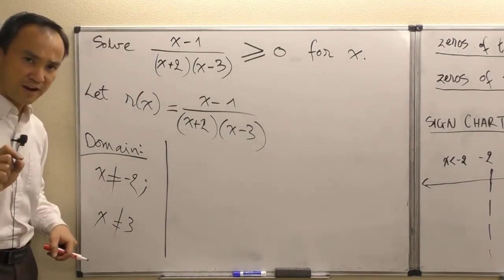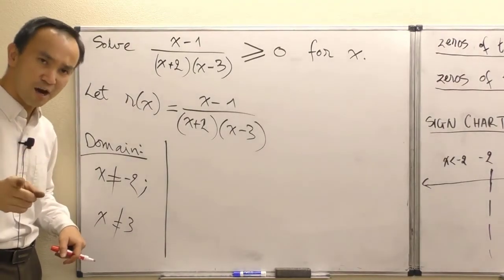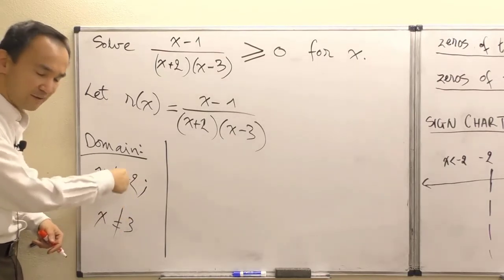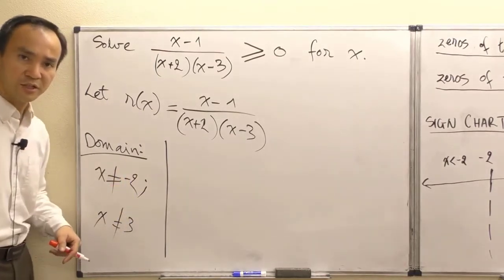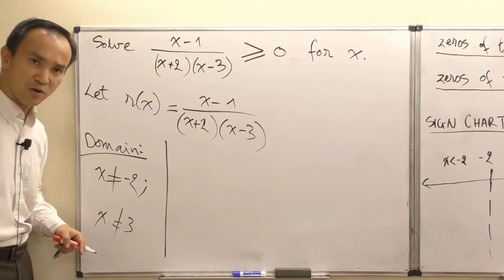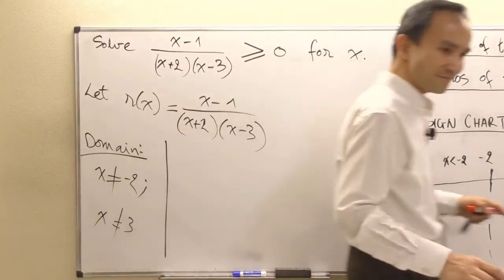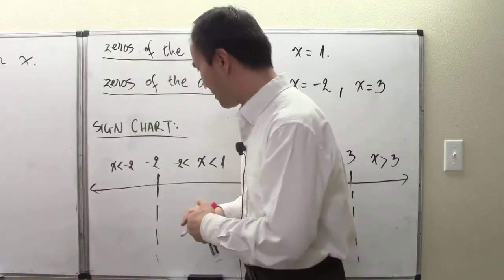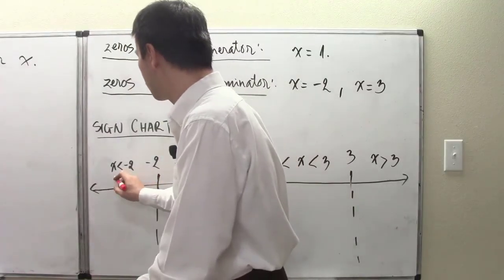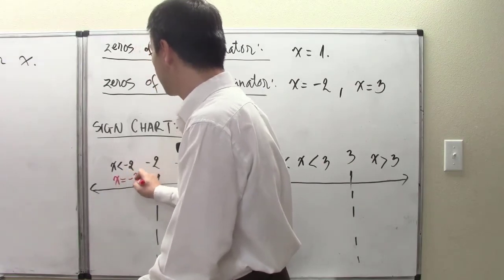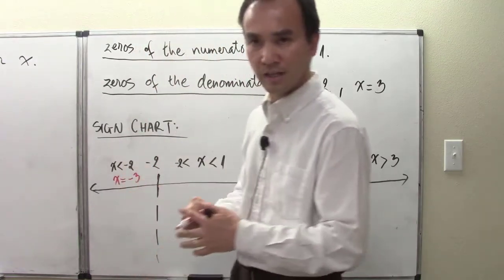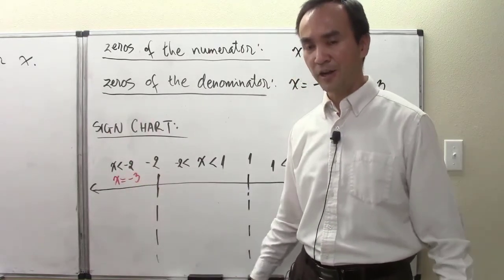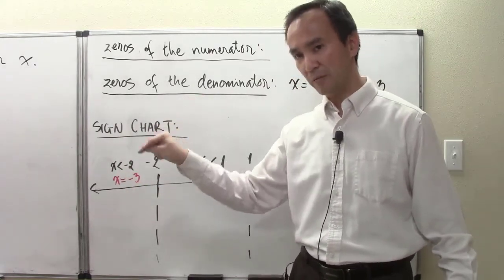So make sure any value that we pick to test for the sign check is aside from these two excluded x values. In that way, I am going to pick x equals negative 3. This is completely okay. It passed all the requirements. It's in that interval, and it doesn't fall into any of those values excluded from the domain.